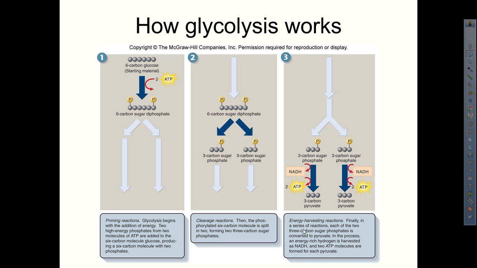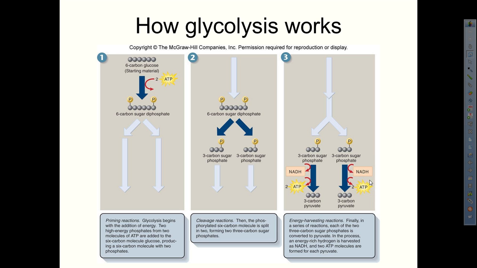Here are those 10 steps. So the important thing to notice here is that to start this reaction, we have to invest. We have an investment of 2 ATPs in order to phosphorylate our glucose molecule. Once phosphorylated, that glucose splits into 2 molecules of 3 carbons each.